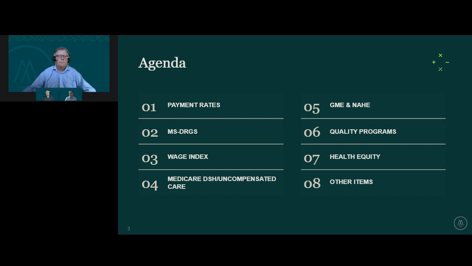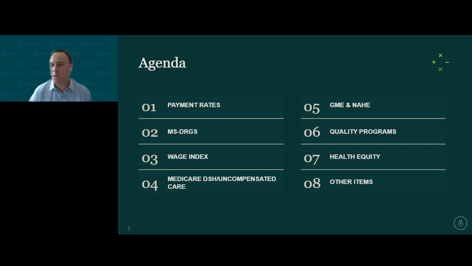Thank you, Jamie. Okay, today on the agenda for the final 2024 IPPS rule, we're going to talk about the change to the payment rates, the updates to the MSDRGs, spend a little bit of time on the wage index, which is a big change in this upcoming year, as is the Medicare DSH uncompensated care.